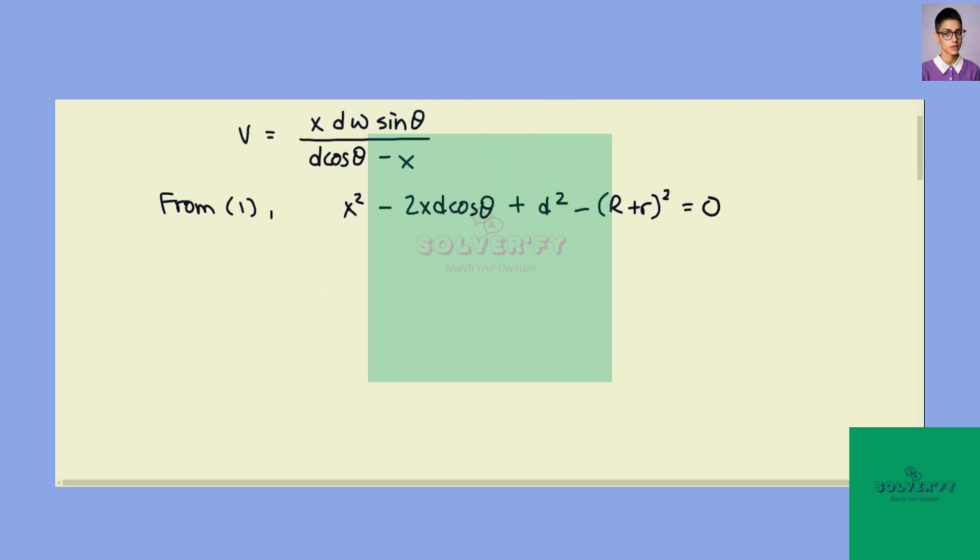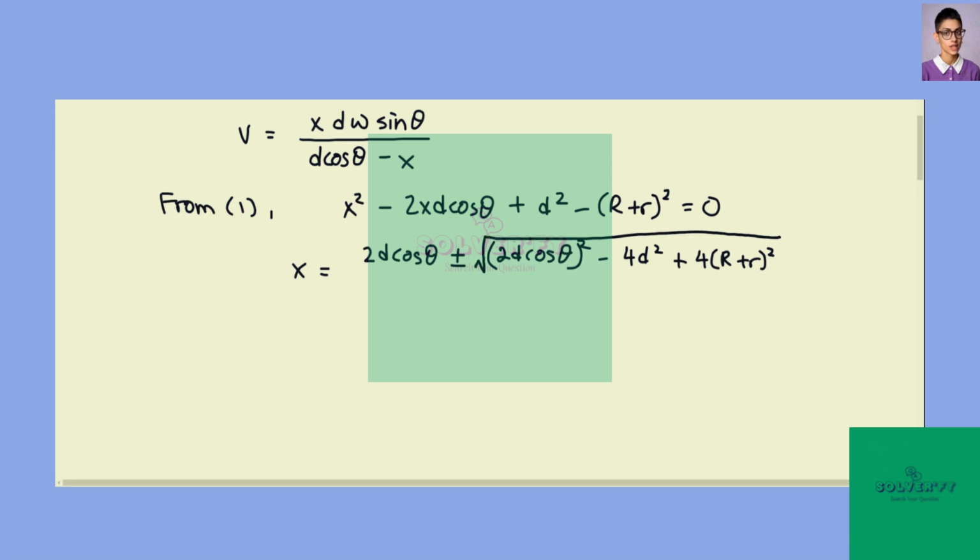And then we use the quadratic formula. So x is equal to 2d cosine theta plus or minus the square root of (2d cosine theta) squared minus 4 times (d squared minus (R plus r) squared), and the whole numerator divided by 2.